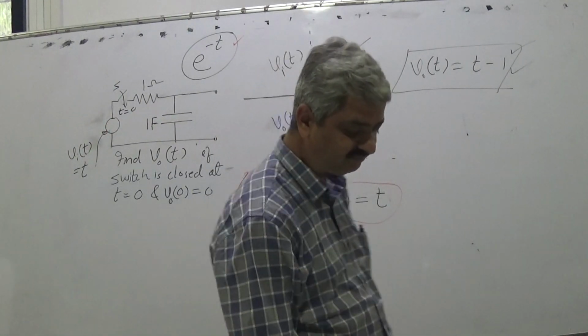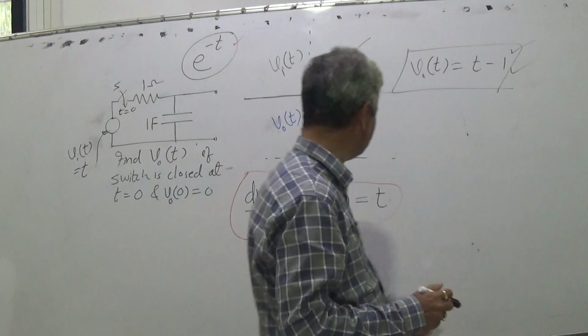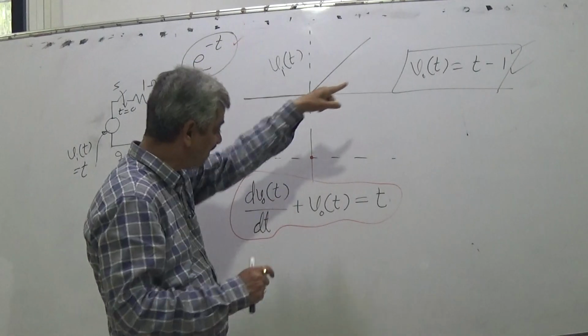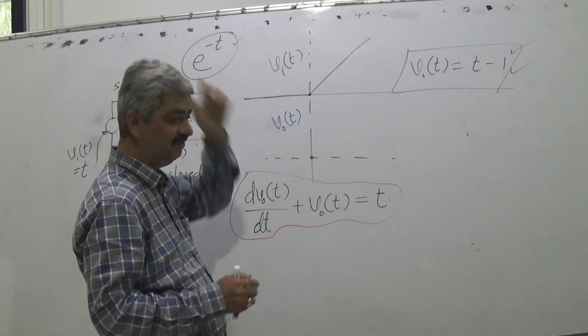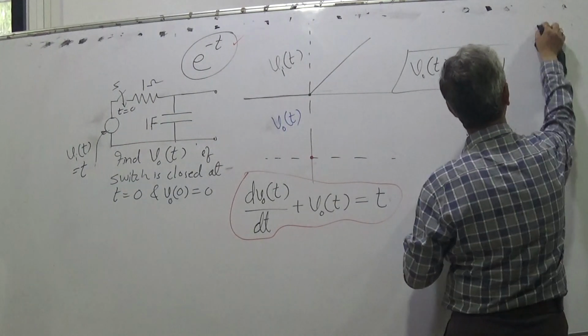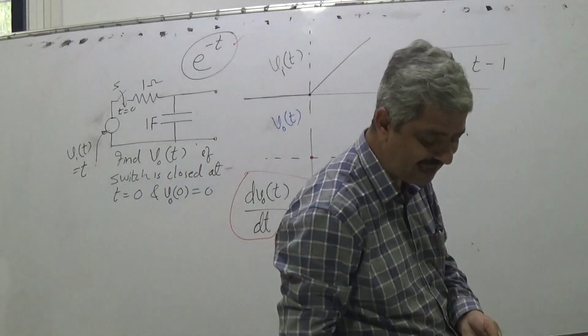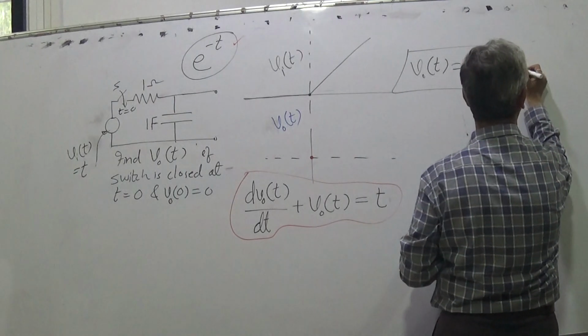Because this can be the answer, but this is not the answer because it satisfies this differential equation but not initial condition. Therefore, we have to have something more. This is there plus some xt.